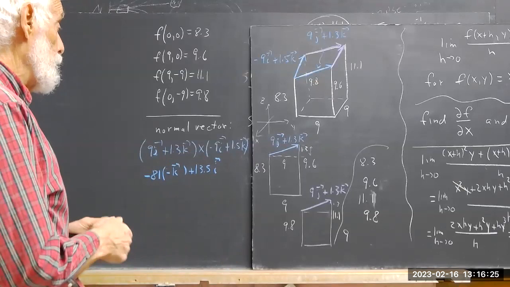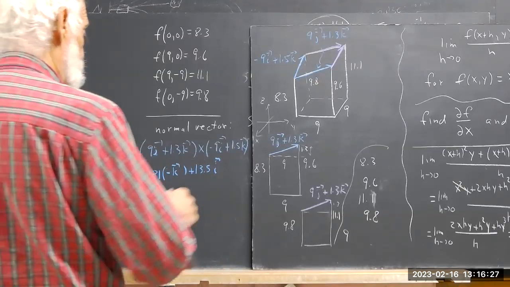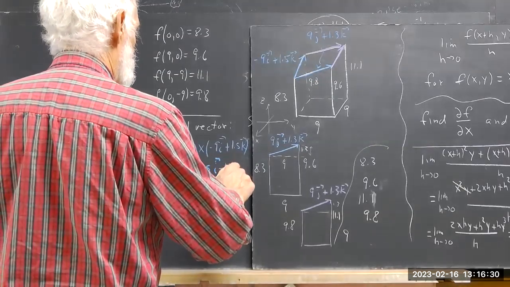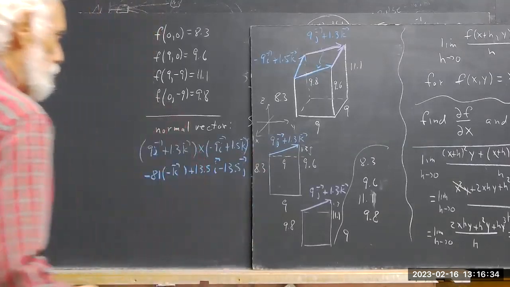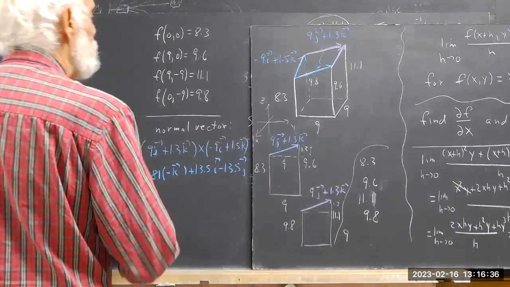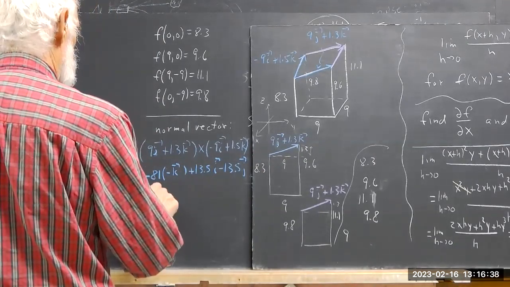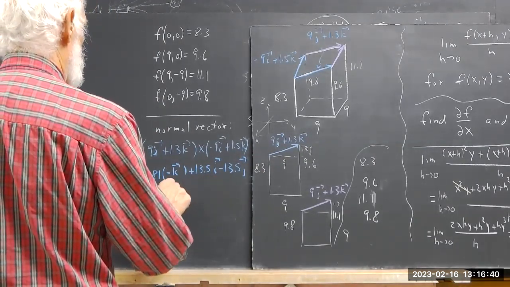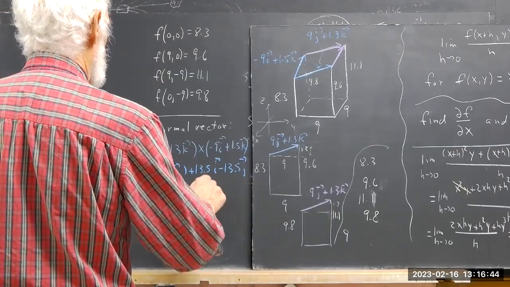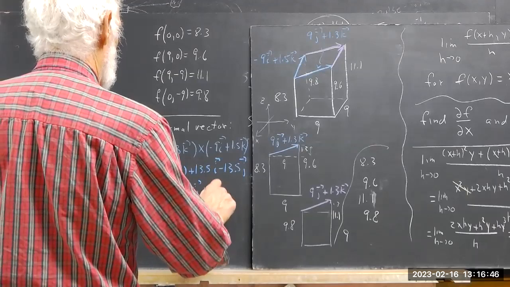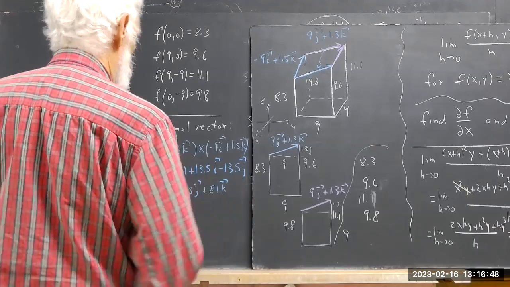K cross I is J, so it's negative 13.5 J. Put these in standard order, it's 13.5I minus 13.5J plus 81K.